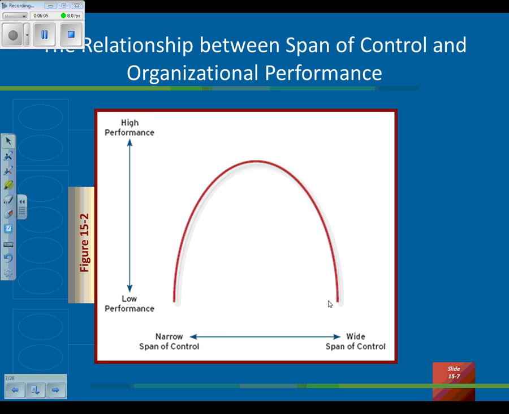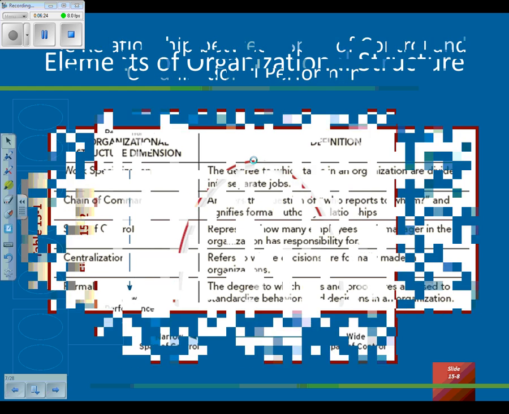And if you have a wide span of control and the people are not skilled and able, then we're also going to have low performance. So ideally, when people are trained and willing and able, we can delegate work to them and we can see a higher level of performance.